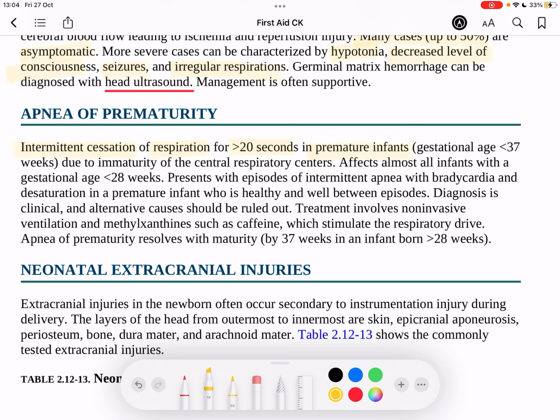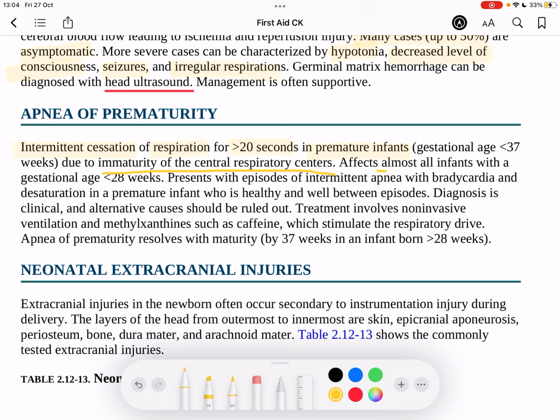It's essentially due to an immature central respiratory center in the medulla. The baby is born premature, the medulla is not mature enough to maintain an adequate respiratory rate, and therefore we get episodes of apnea.